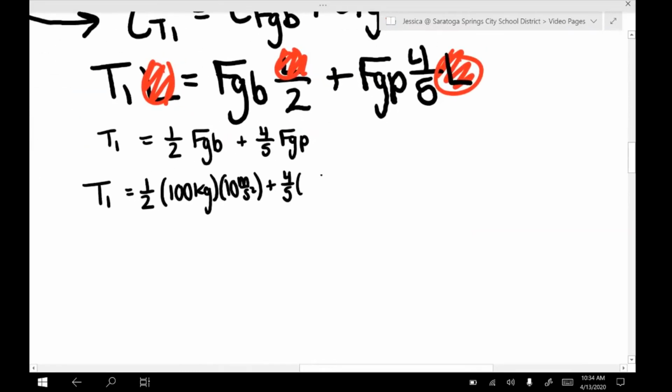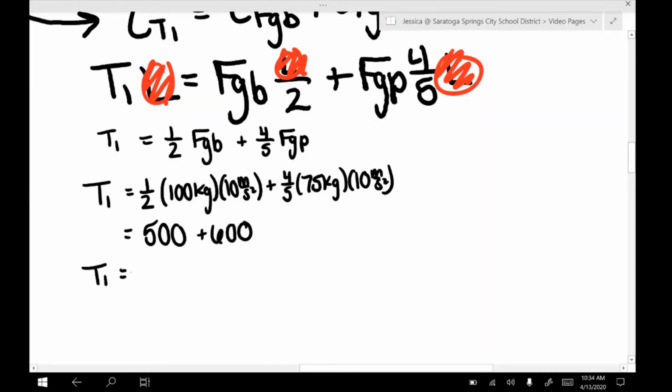Okay, so 75 kilograms times 10 meters a second squared. So this is 500. I don't know what 4/5 times 75 times 10 is quite yet. So 4/5 times 75, times 10 is 600. All right, so that gives me T1 is 1100 newtons.